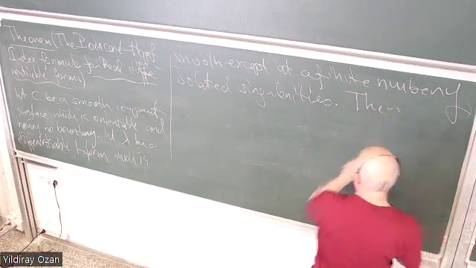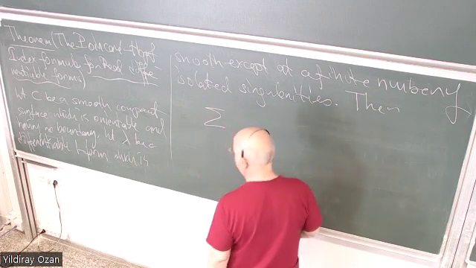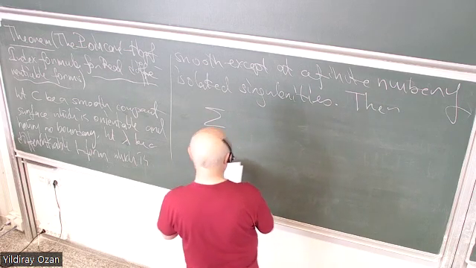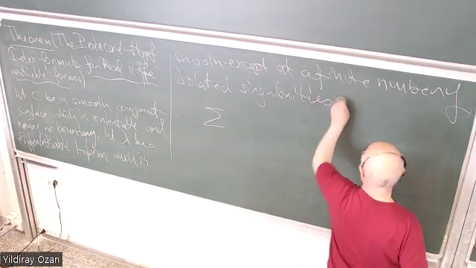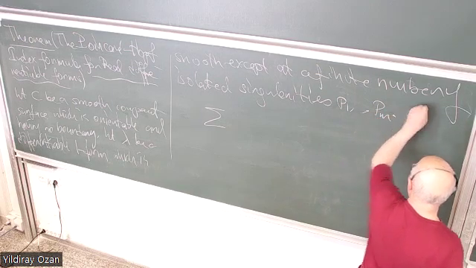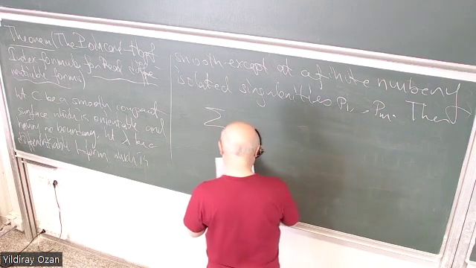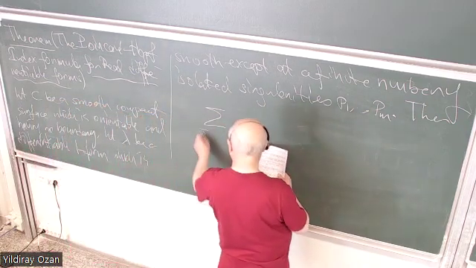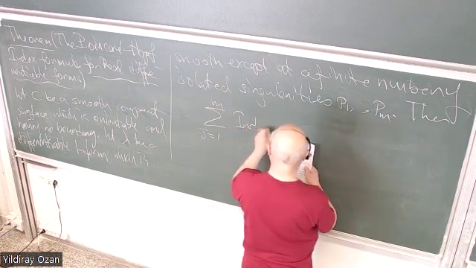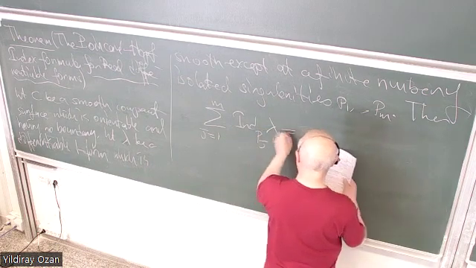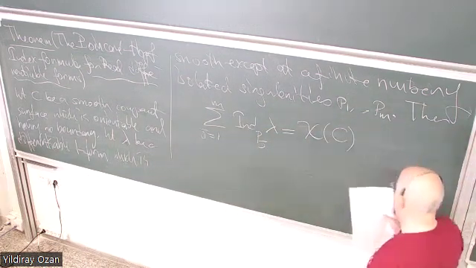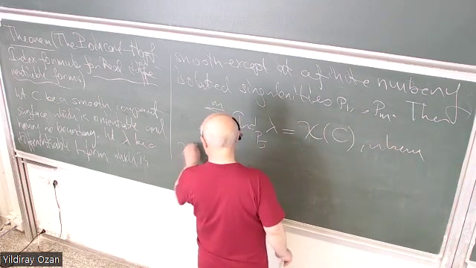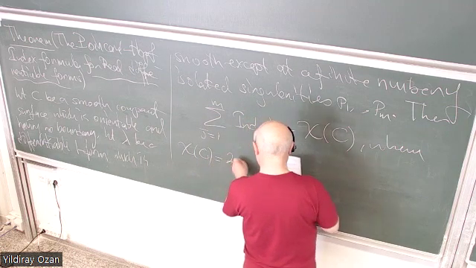Then the conclusion is that the sum of the indices at the isolated singularities, let me name these points P1, Pm, then the sum of these indices is chi of C, where, so it is not zero this time, this is 2 minus 2g.